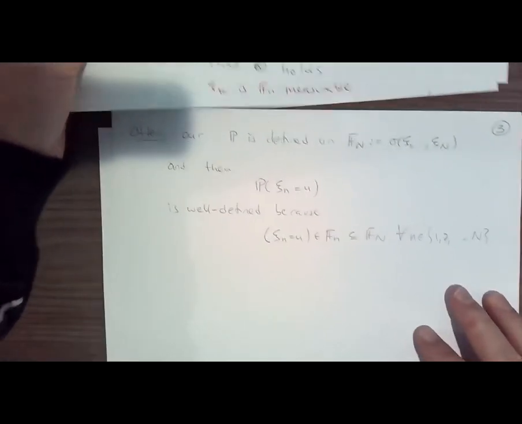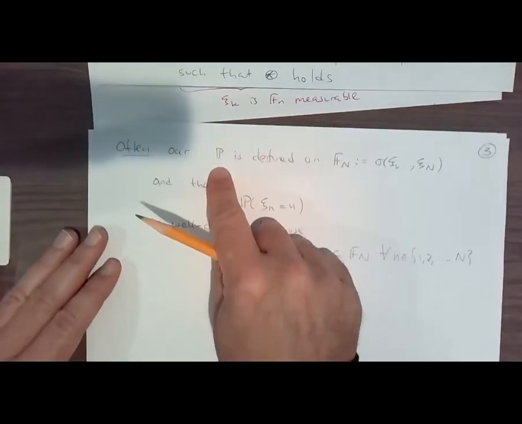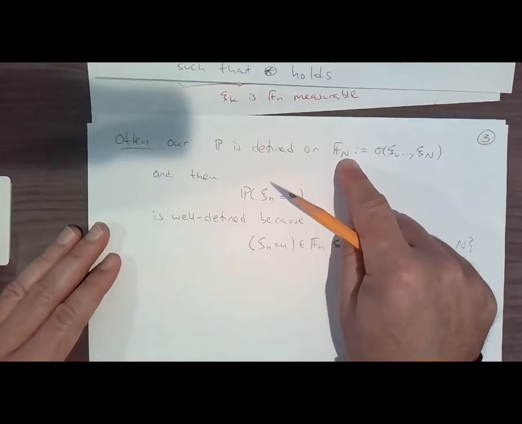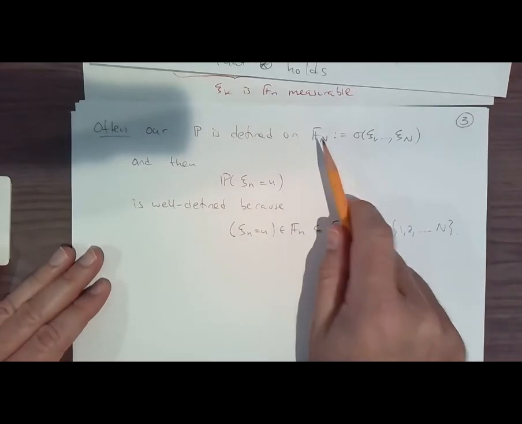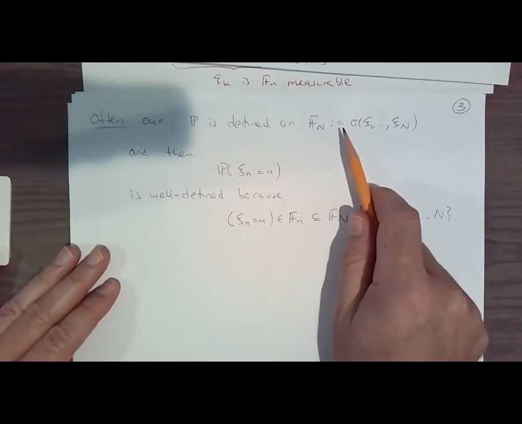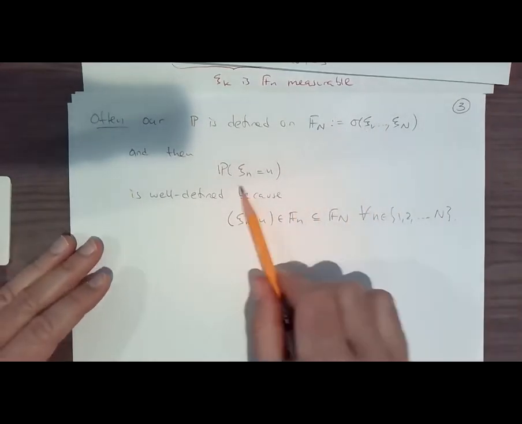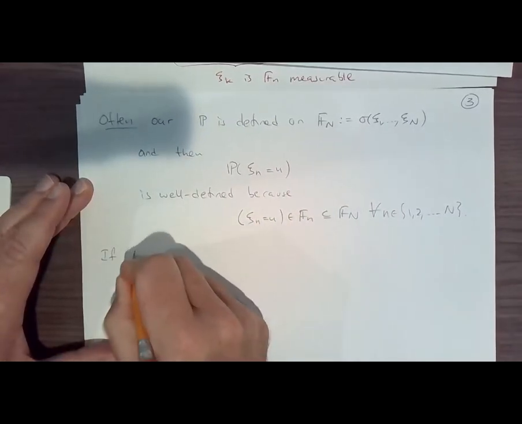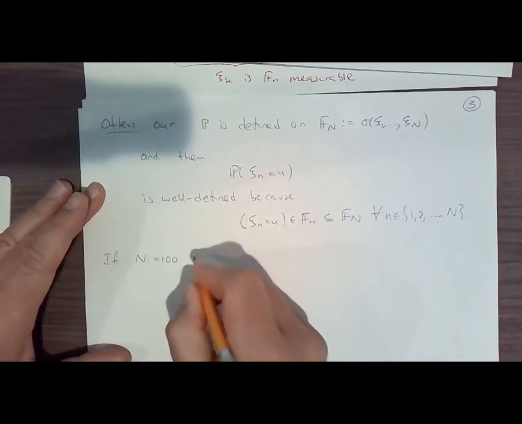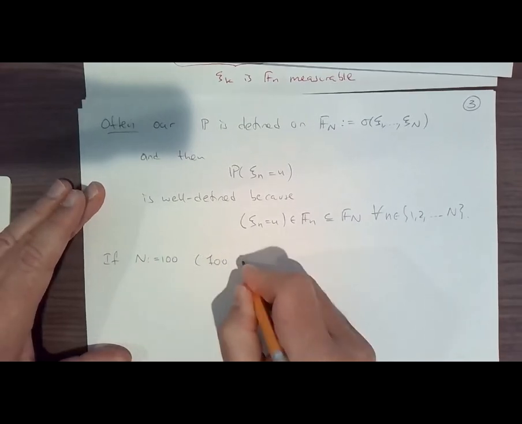Very often our P is given up to some capital N, say 100. If you have a 100 period binomial model, then it's defined on F100.